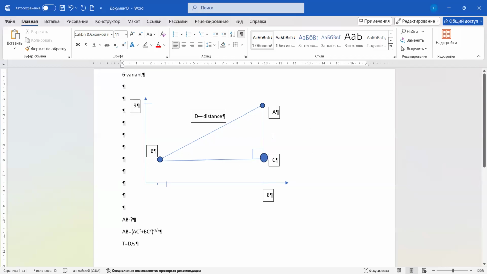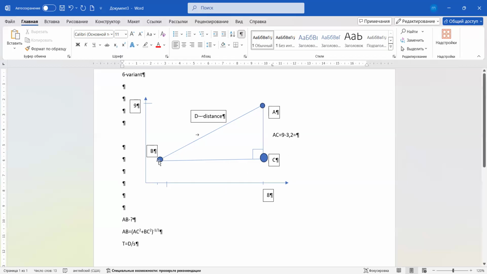So AC is equal to point A for y, 9,000 kilometers, 9 minus for point C 3.2. It is for 6 variants, yes, we write it, is equal to, and you can calculate it.